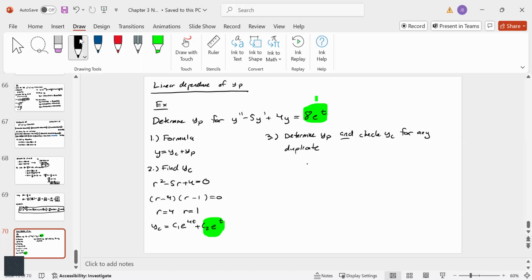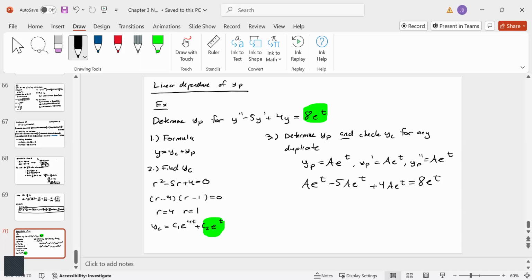Just to show you this, yp equal to a e to the t. If you take the derivatives, thankfully these derivatives are very easy, and plug into the differential equation: a e to the t minus 5a e to the t plus 4a e to the t equals 8e to the t.